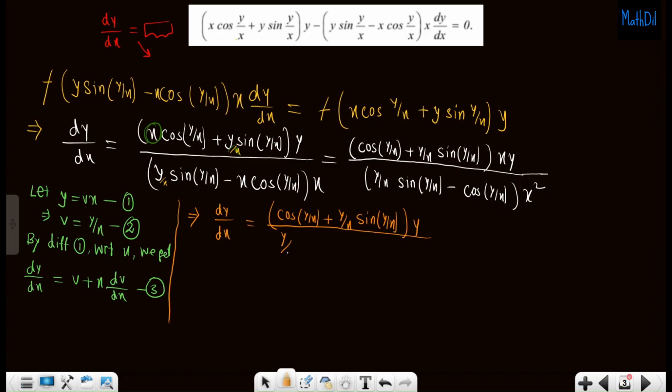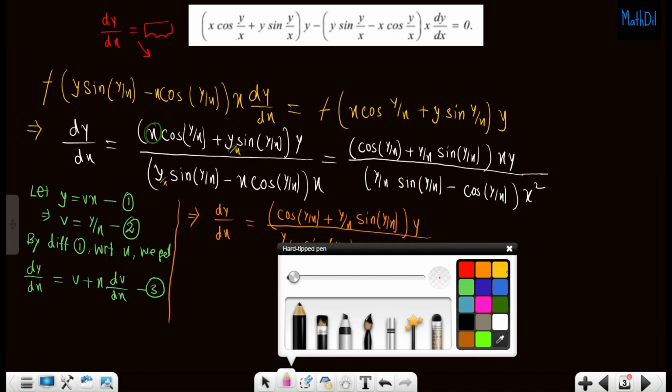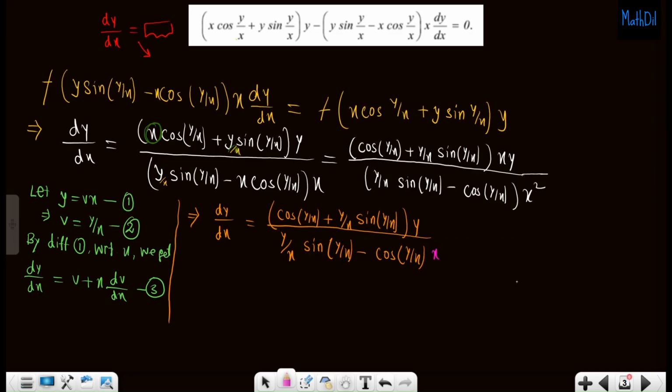So here will be y by x sin y by x minus cos y by x, and here will be x. And students, now see, take this term to the upside. So what will you get? You will get this one, here is y, here is x, and now we are writing this y by x in this form.